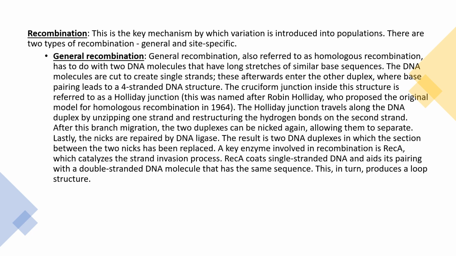A key enzyme involved in recombination is RecA, which catalyzes the strand invasion process. RecA coats single-stranded DNA and aids its pairing with a double-stranded DNA molecule that has the same sequence. This in turn produces a loop structure.